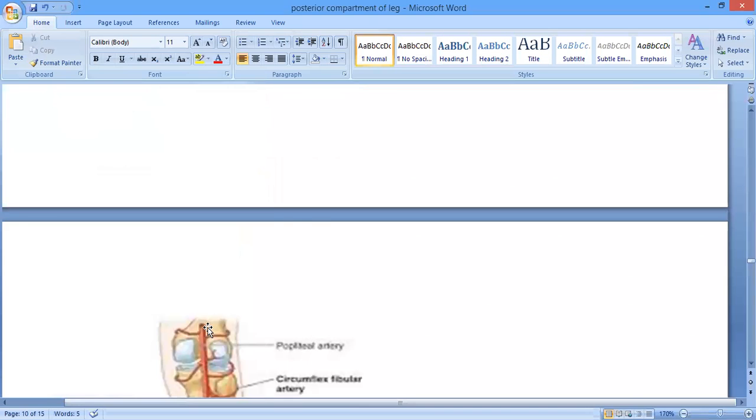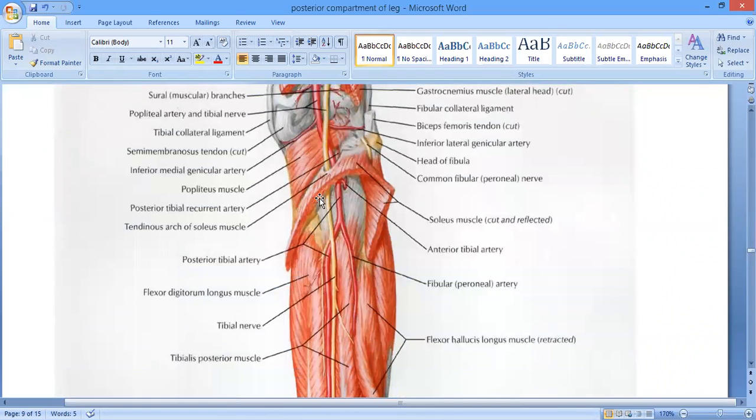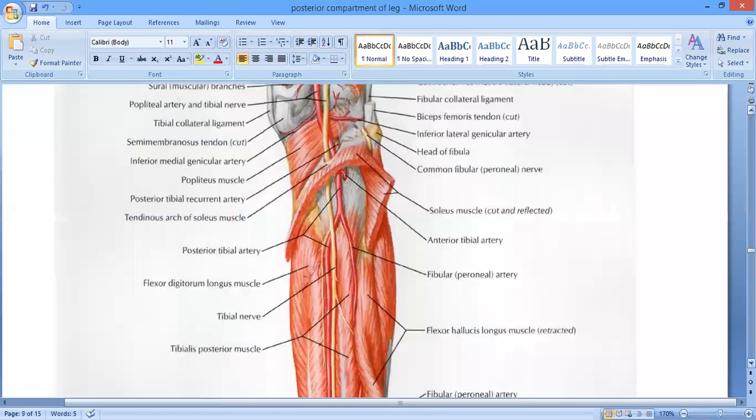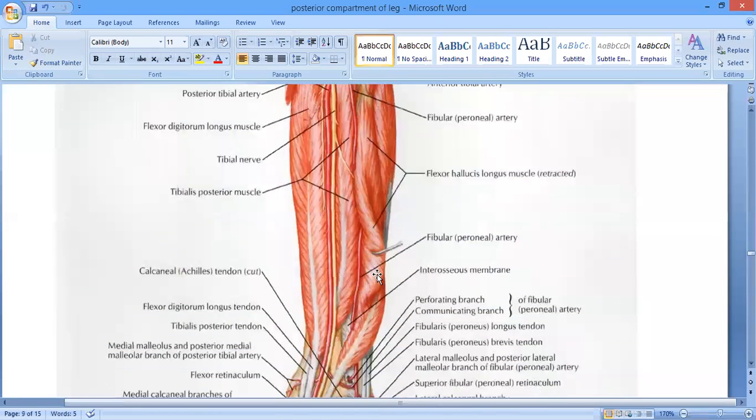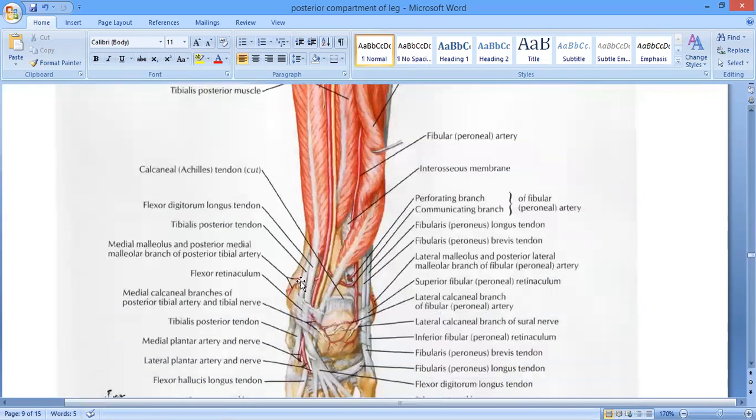Okay ji, let me show you the branches here also, ji. So first of all we have got the circumflex fibular branch. Then we have got the peroneal artery. You can see this artery is going to give the muscular twigs or branches to the muscles of the posterior compartment, and then here it is going to give the medial calcaneal branches, which are going to anastomose around the medial malleolus, and then it is going to give the medial malleolar branches and then the medial calcaneal branches.